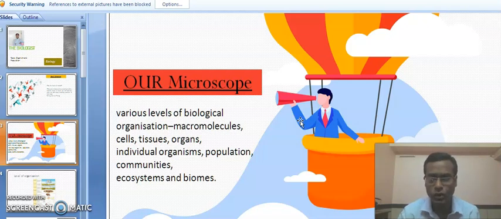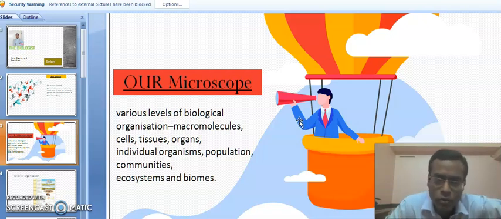DNA to chromosome, chromosome to nucleus, nucleus to cell, cell to tissue, tissue to organ, organ to organ system to the organisms, and organisms to the populations, and populations to the communities, and communities to the ecosystem, and ecosystem to the biomes.